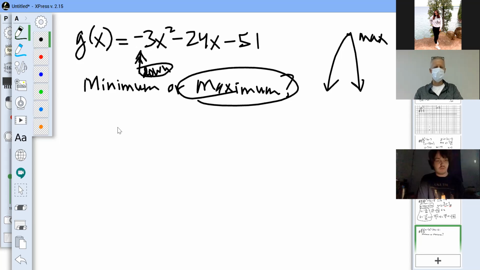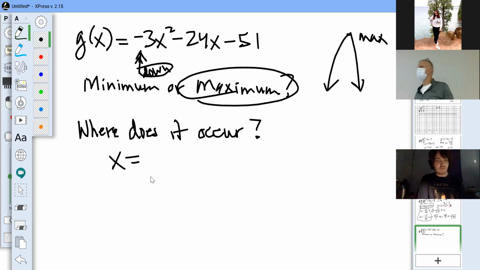Now, it then says, where does it occur? And then it says x equals, so it wants to know the x value of the vertex. So it occurs at minus b over 2a.